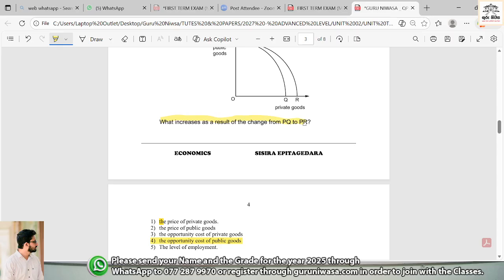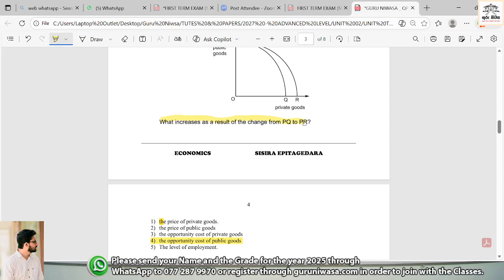Dipna, did you get what I said? Yes. No, sir. I asked about what I just calculated, the opportunity cost of producing a public good. Now I want you to calculate the opportunity cost of producing a private good.